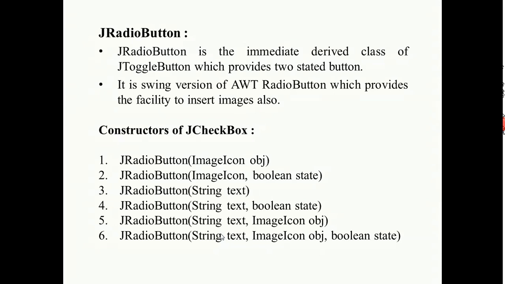These six constructors are similar to those of the checkboxes. Means the JRadioButton and JCheckbox are similar, so the constructors of the JRadioButton and JCheckbox are similar. The JRadioButton is a subclass of the JToggleButton, and it is similar to the checkbox.